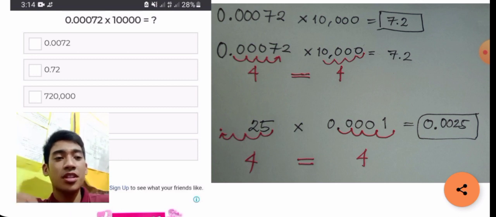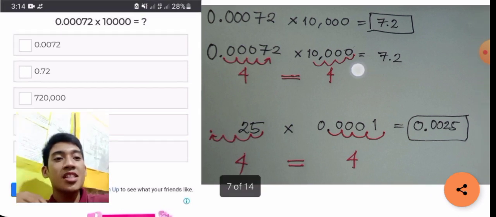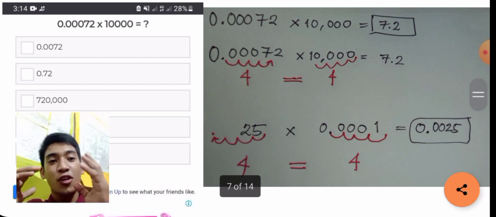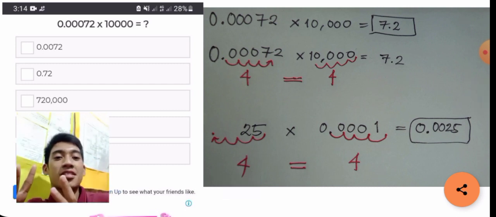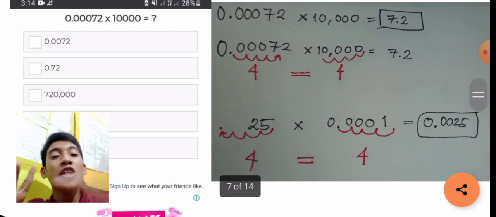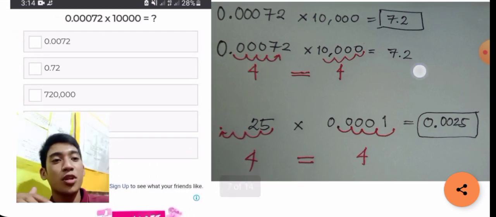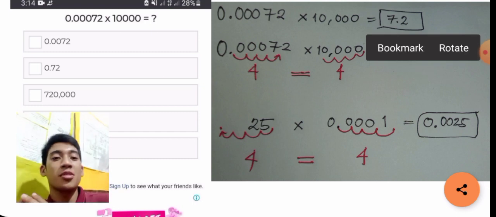Since the 10,000 has 4 zeros, move the decimal here to the right 4 decimal places to make it 7.2.